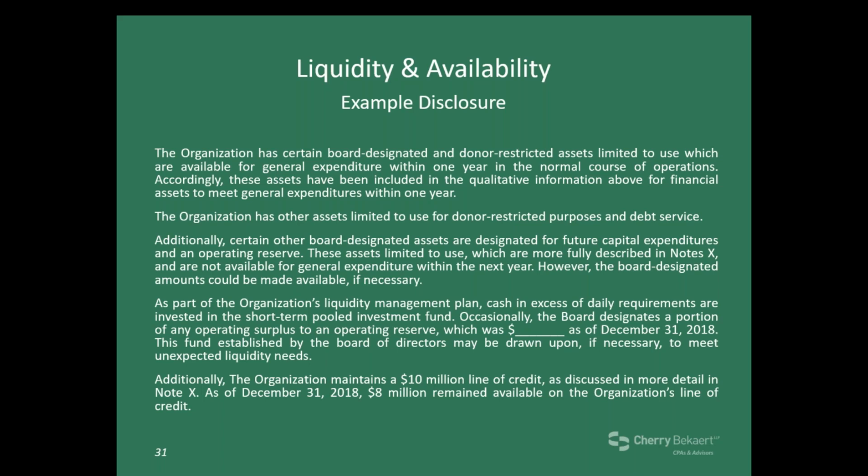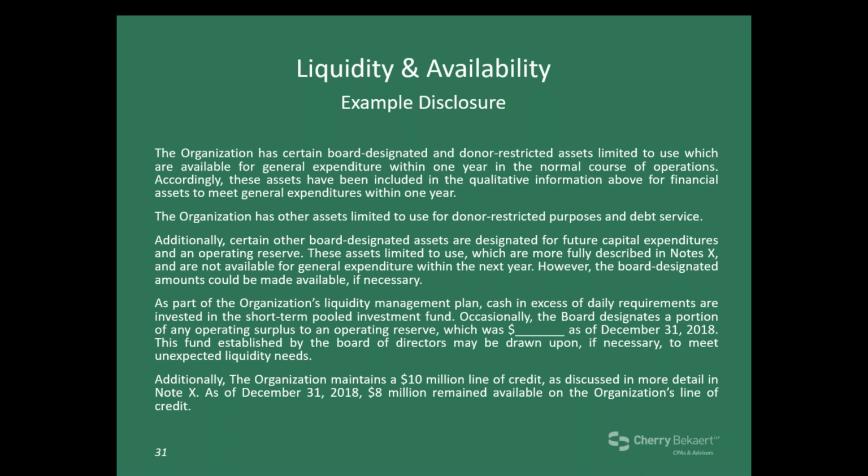designated for future capital expenditures in an operating reserve, and that these assets limited to use, which are more fully described in Note X, are not available to meet general expenditures within the next year. However, the board-designated amounts could be made available if necessary. And that was one item I wanted to point out, that in this disclosure it is saying that, okay, here's what the board has set aside, but if we needed it, we could tap into it as long as we got board approval.